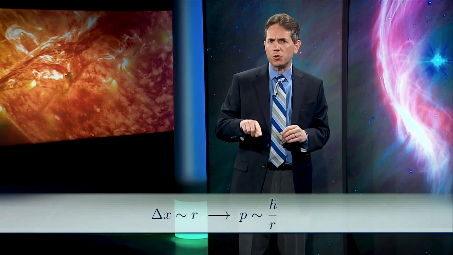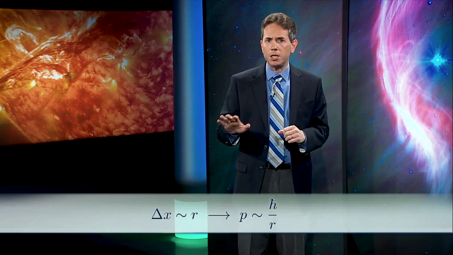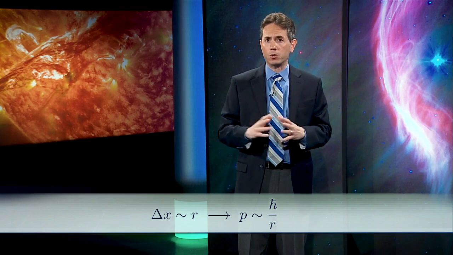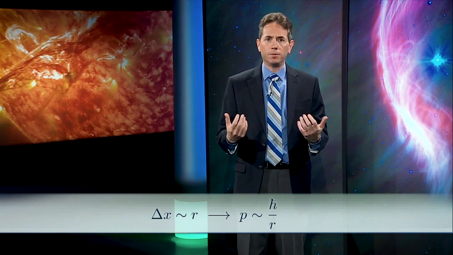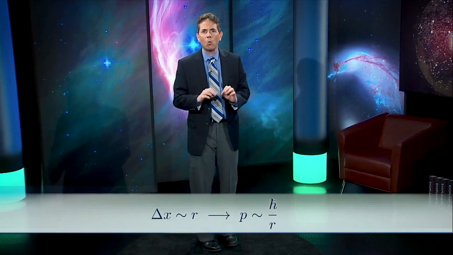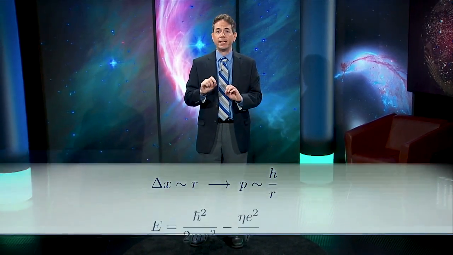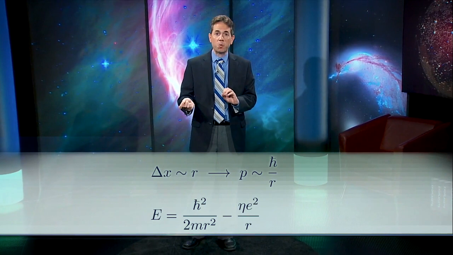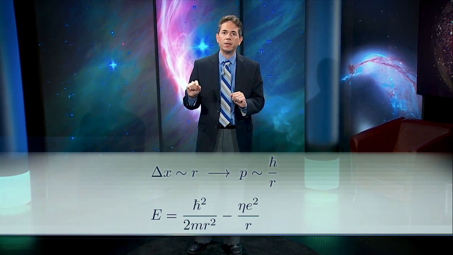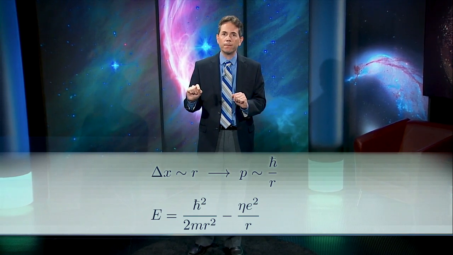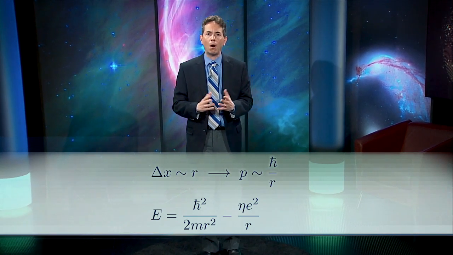That's why there's a squiggle in the equation instead of an equal sign. Throughout this course, a squiggle means has the same order of magnitude. With that substitution, we get E equals (h bar over r) squared over 2m, minus eta e squared over r. That's a function of one variable, r.